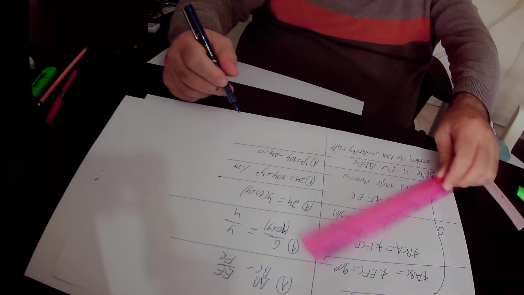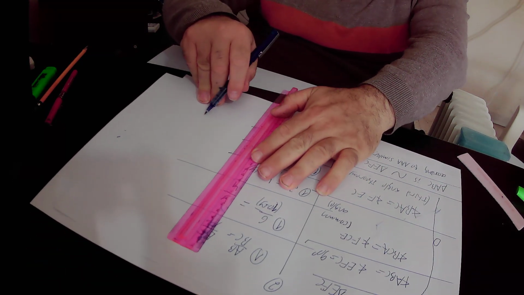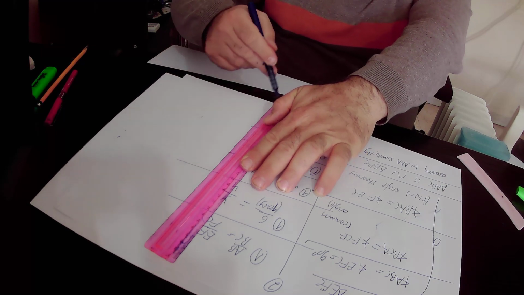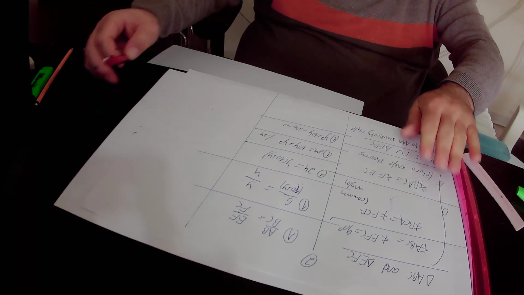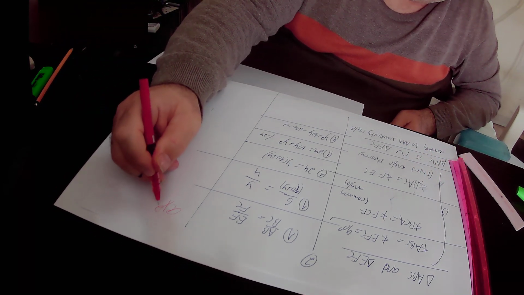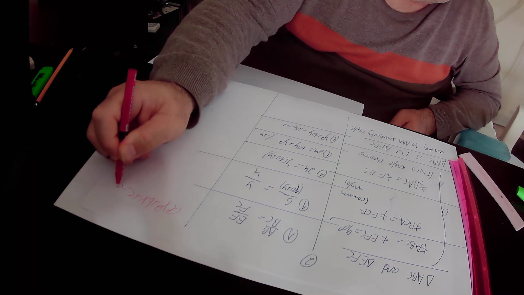Okay, so this is a quadratic equation, and the general formula for a quadratic equation is ax squared plus bx plus c equals 0.